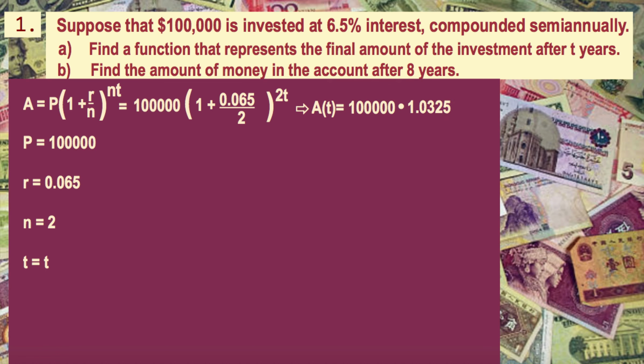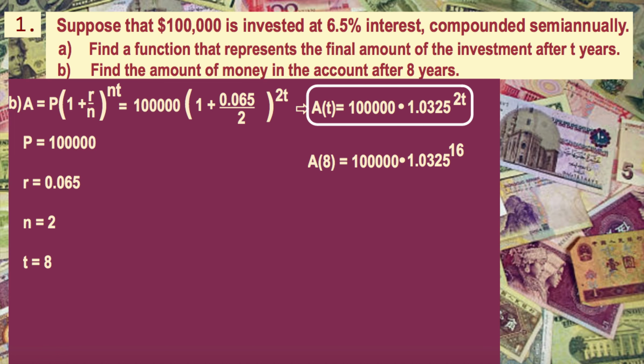We can move on to part B, where it asks us to find the amount of money in the account after 8 years. So in this case, our time is given to us. The money is invested for 8 years, so our time is equal to 8. Substitute t by 8. A of 8 is 100,000 times 1.0325 raised to the power 2 times 8, which is equal to 16.